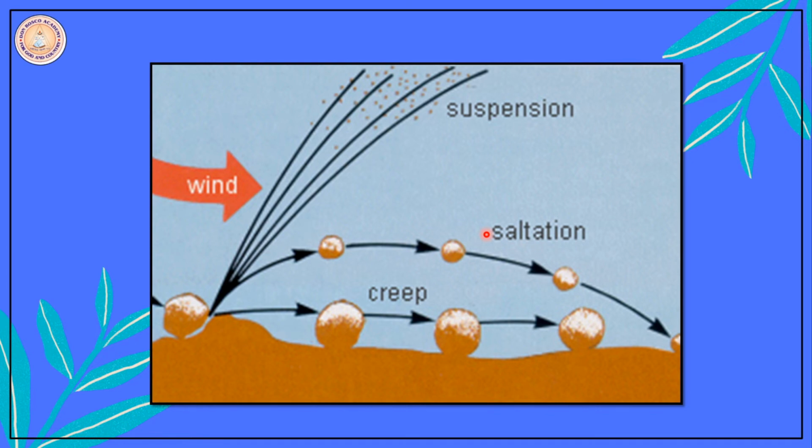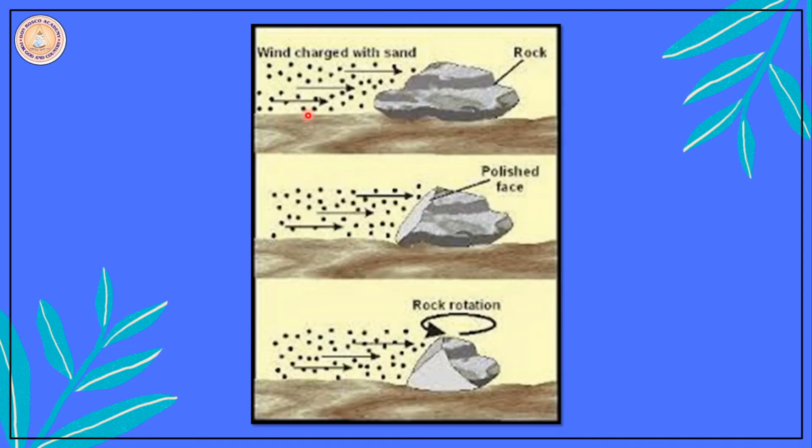And in abrasion, the sandblast action of the wind results in the polishing of the surface. This diagram will explain how the sandblasting effect does the polishing of the surface.